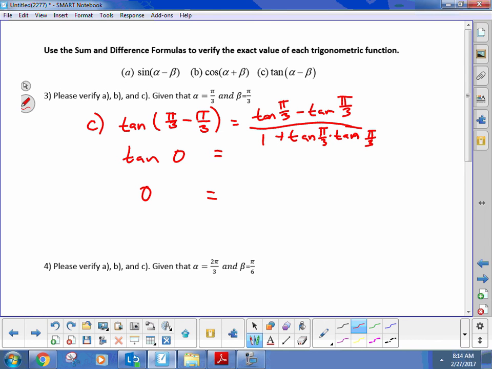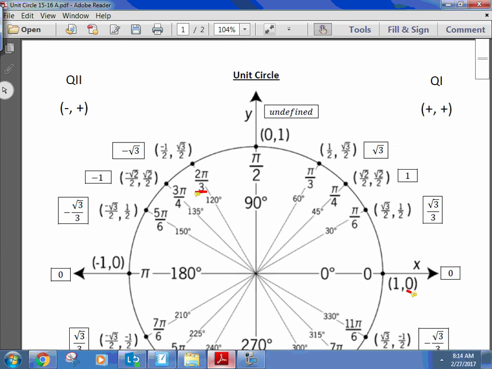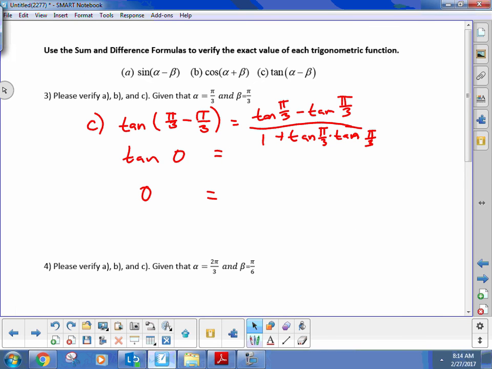Now it's important for us to get the value of what pi over 3 is, especially since we have so many here. The reason why this is going to be 0, or how it's going to get proved, is simply when I look at the value of pi over 3, you see how we have square root of 3? We're going to write down square root of 3 minus square root of 3.